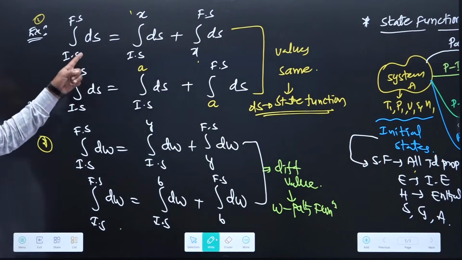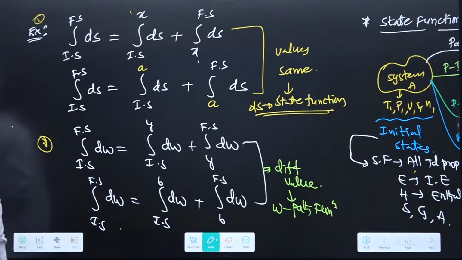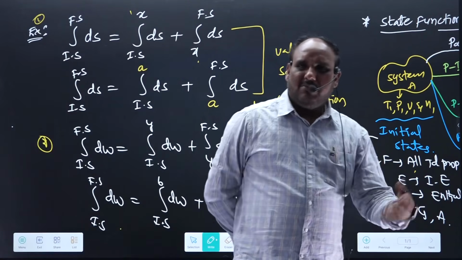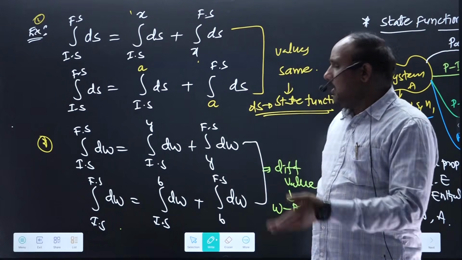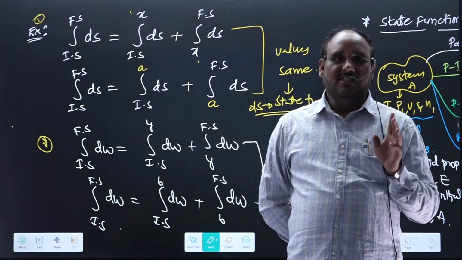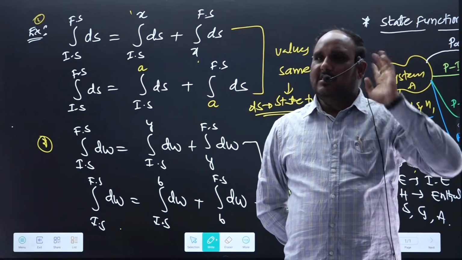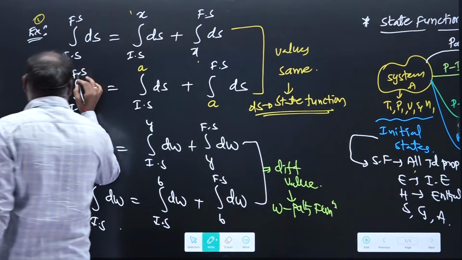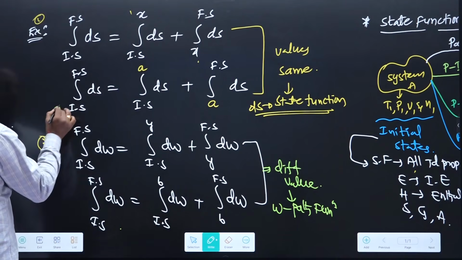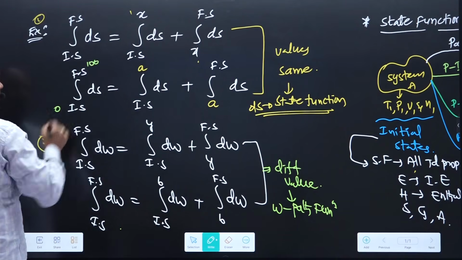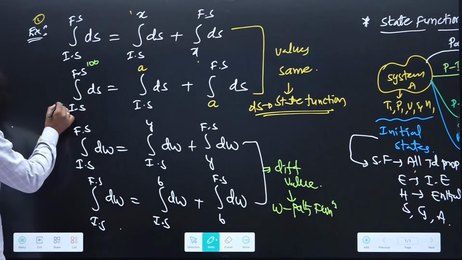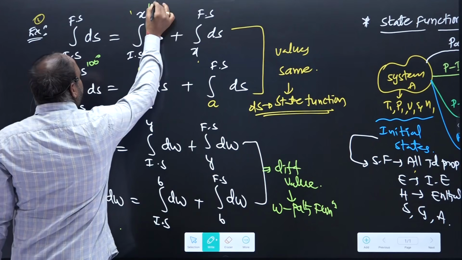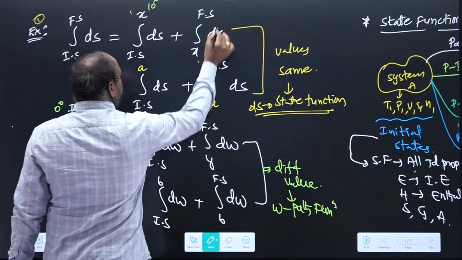Even we have to explain with the help of the integration part also, where the pathway changes. Pathway means simple only. Initial and final state means temperatures will be there, 0 to 100 degrees. For example, initial will be 0, final will be 100. Temperatures 0 degrees and 100 degrees. Here initial 0 to 10 degrees, then 10 to 100 degrees.